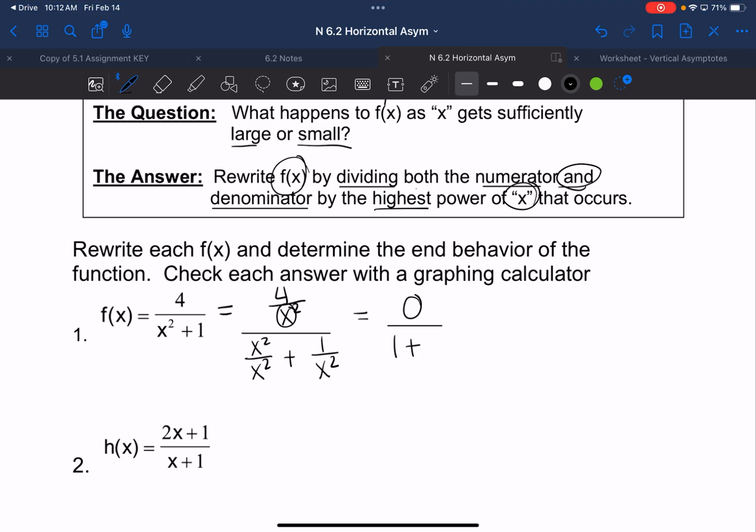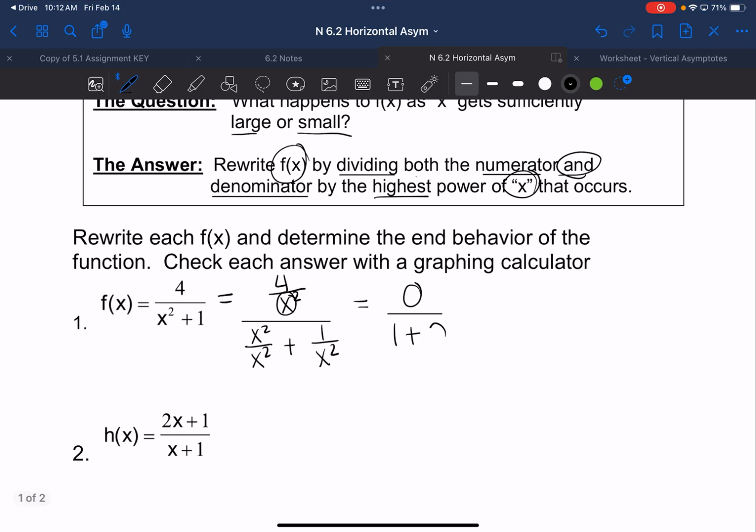Whatever number I plug in here, the bigger or smaller the number gets, it's going to make this get closer and closer and closer to what? 0. Okay? So if we were to simplify this, I would have 0 over 1, and 0 divided by 1 simplifies to just 0.